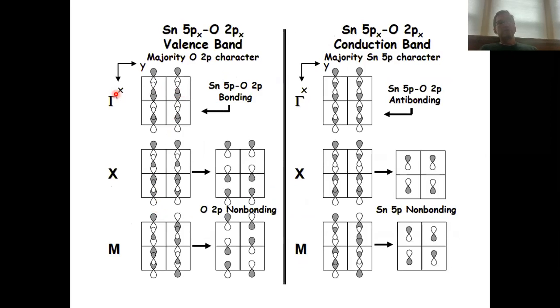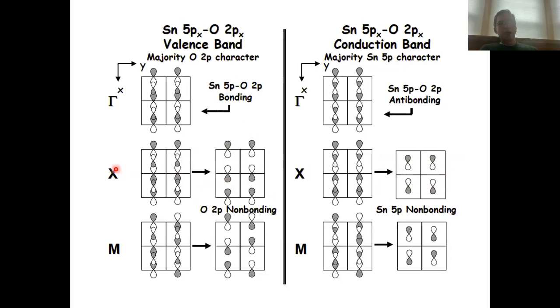So here you see that we have a bonding situation at lambda, and an anti-bonding situation for the crystal orbital which has a tin character. So here now at point chi, we have a non-bonding situation for both crystal orbitals, whereby this non-bonding crystal orbital has 2p oxygen character, while this crystal orbital has 5p tin character.